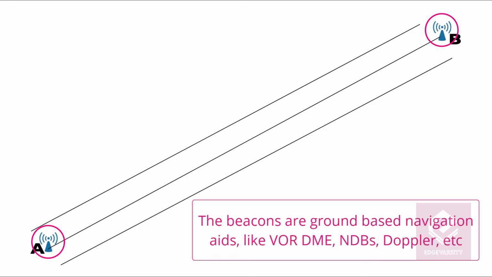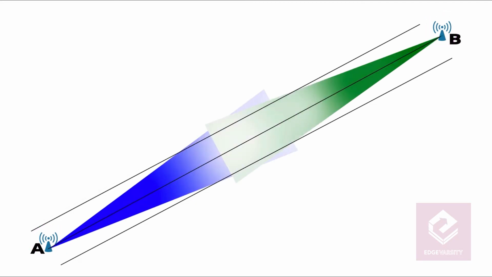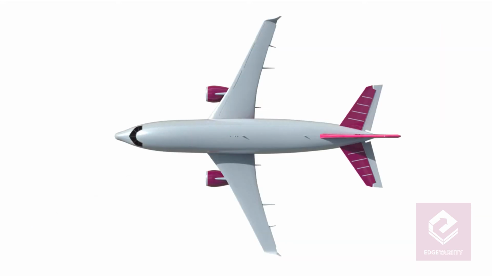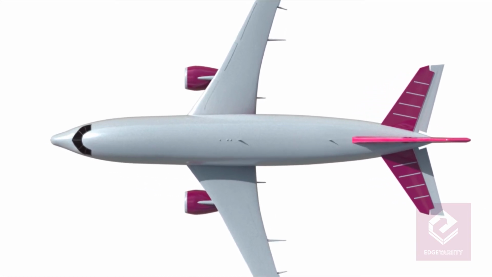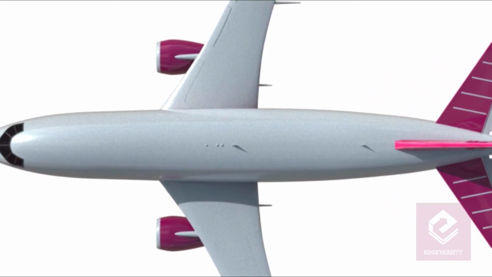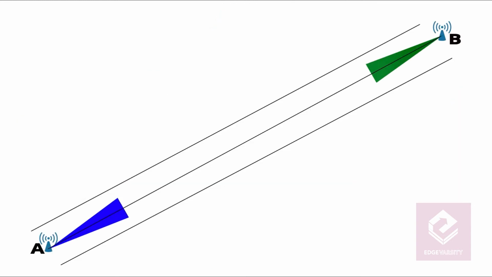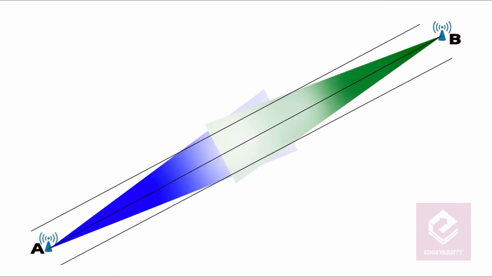The beacons are ground-based navigation aids like VOR, DME, NDBs, Doppler, etc. The aircraft should follow the range of these beacons at all times to stay within the allotted airway. Aircraft are equipped with instruments which can receive signals from these beacons. These beacons emit signals that the aircraft can tune into.